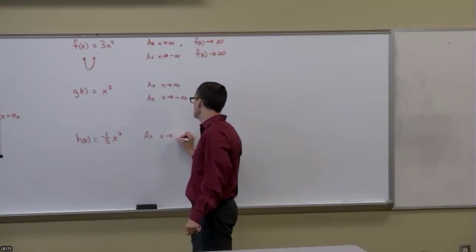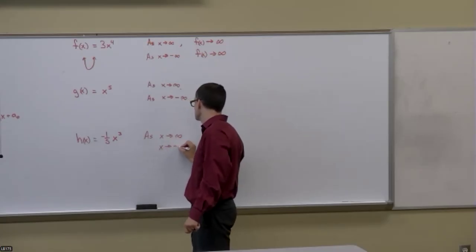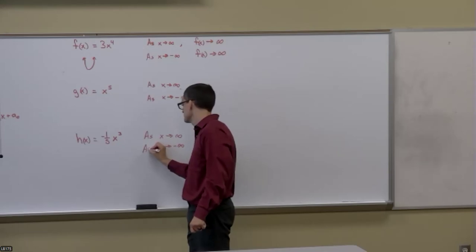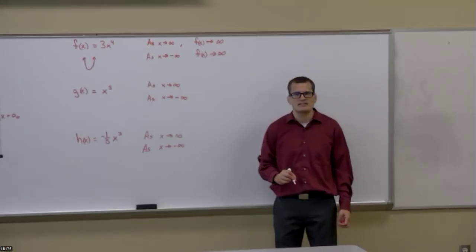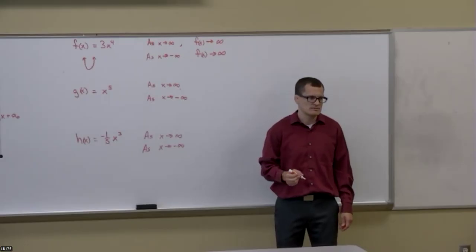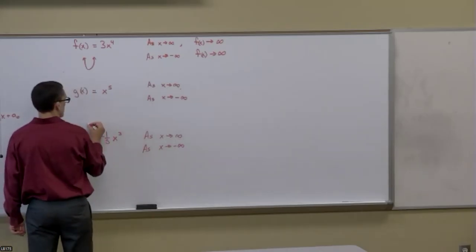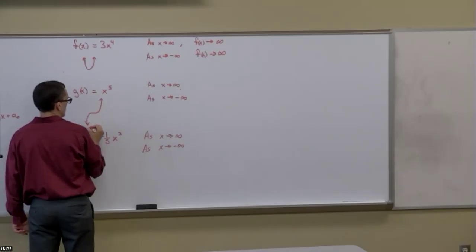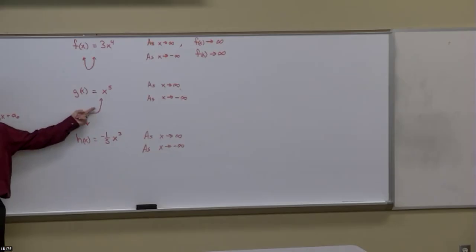And we can do the same thing for these other two problems. Let's look at g of x is equal to x to the fifth. That's an odd power and a positive coefficient. So we know what's going to happen. We're going to get this shape. As we move right on this graph, it shoots up.